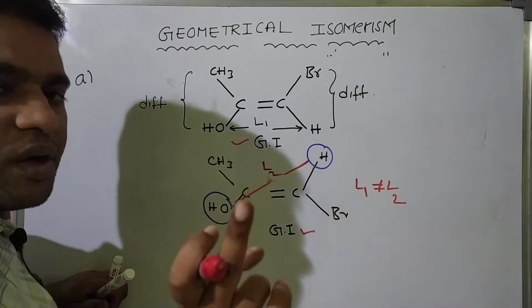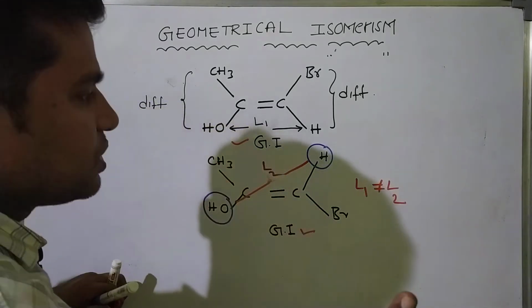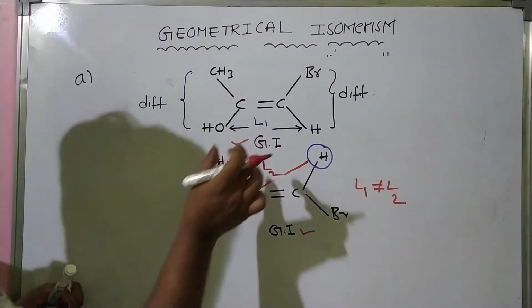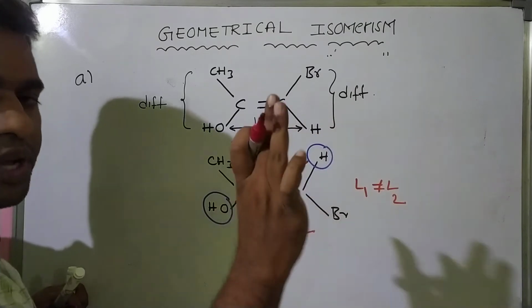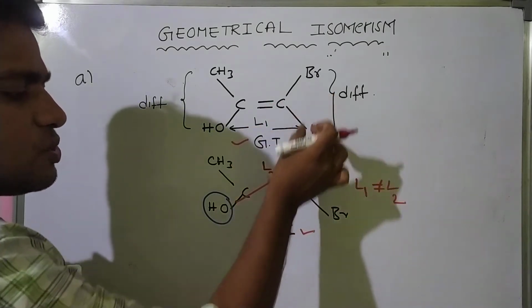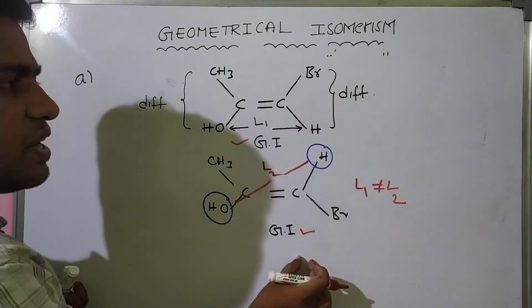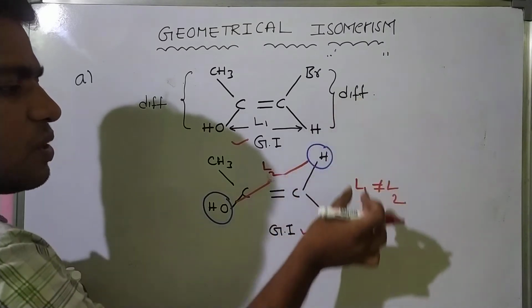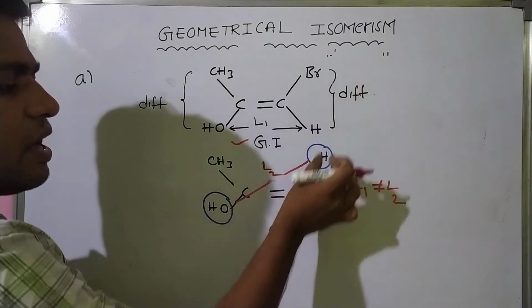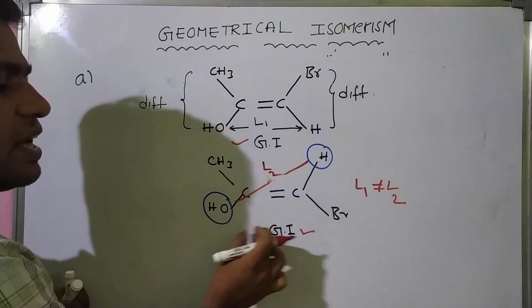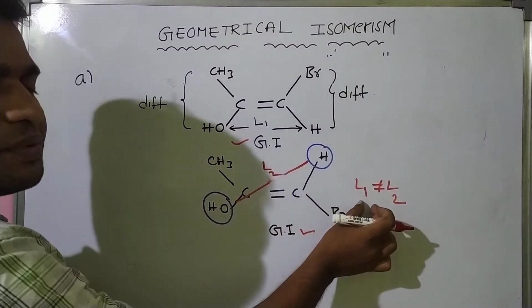Okay. Now our question is, these two compounds are geometrical isomers, no doubt, because these two compounds satisfied both rule 1 and rule 2, meaning restricted sites having different groupings. At the same time, the spatial distance must be different.